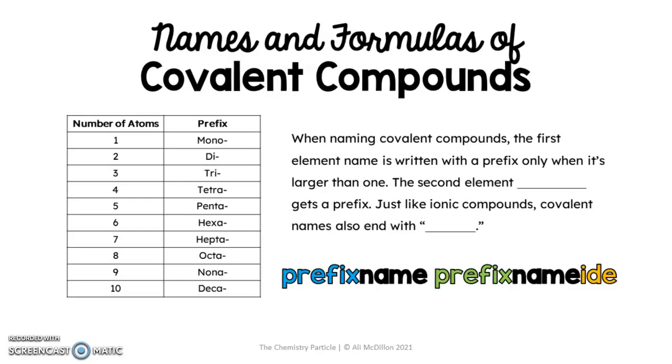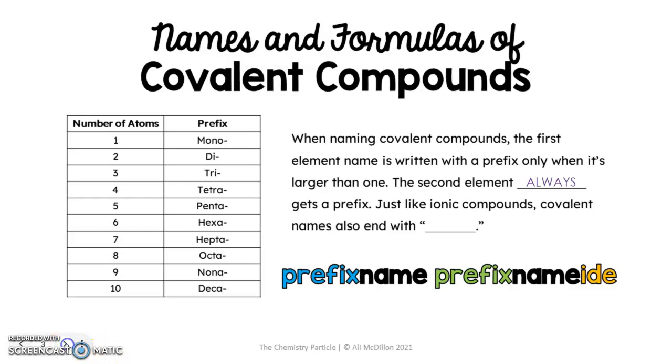So here are the naming rules for our covalent compounds. The first element name is written with a prefix only when it's larger than 1. So if it's got more than one atom, then you include the prefix: if there were 2 of them, you would say di, whatever the element; 3 of them, tri, the name of the element. However, if it's the first element and there's only one atom, you don't put the mono; we just put the name of the element.